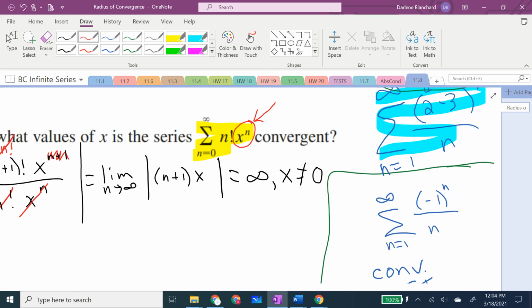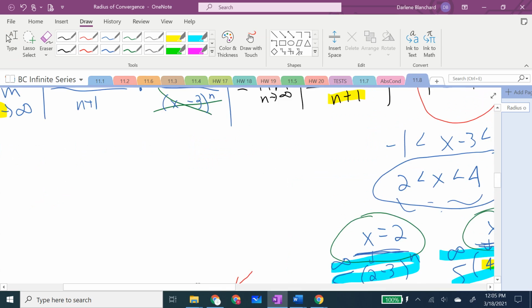And there's a vocabulary word that I want to try and draw out of you. It's a new vocabulary word for this chapter, but we've been using it a little bit. When we've looked at the Taylor series and everything, we talked about this vocabulary word. And I'm going to give you a hint.